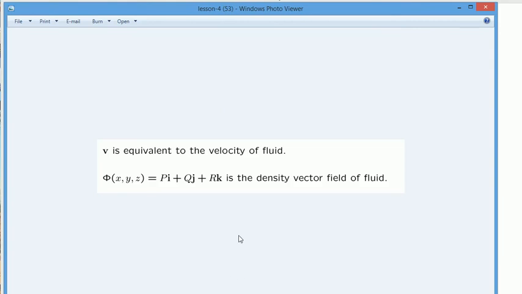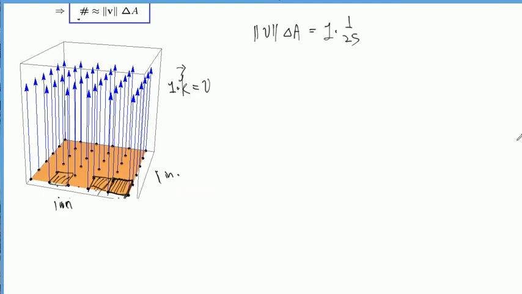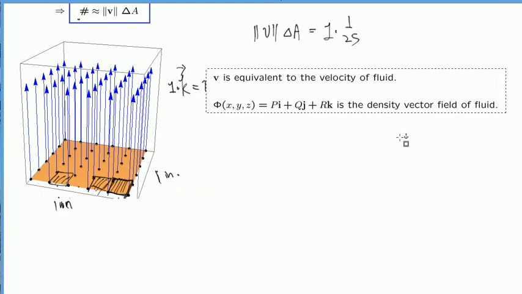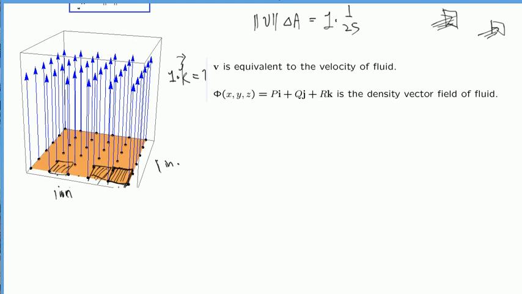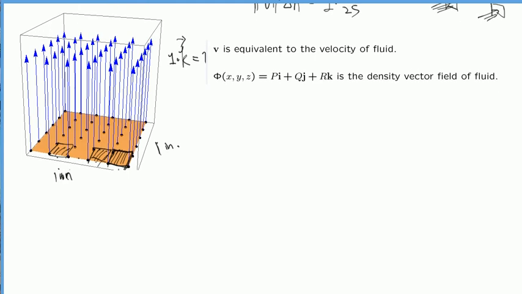So, summarize it here. The V is equivalent to actually the velocity of a fluid, right? Because if you place your plate there, if it's moving fast, of course, more particles pass through. And if you place the plate over there directly, if it's moving slow, of course, per 1 second, fewer particles pass through. That's exactly an equivalent idea, but it's a different name here now. And this is a constant, right?